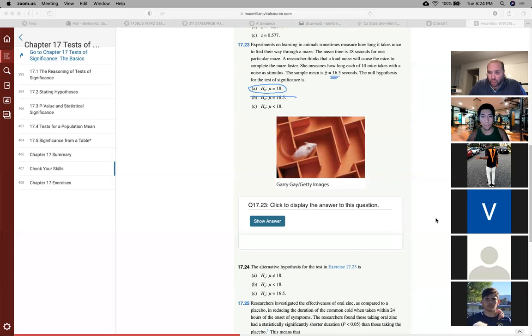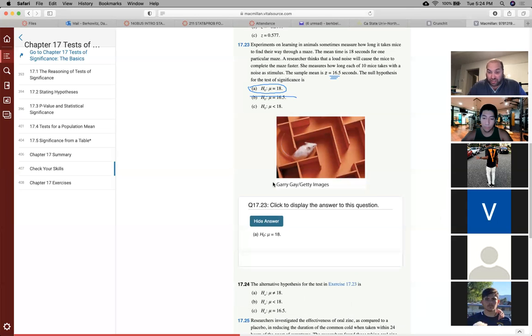No, the null hypothesis is not what you're hoping or checking if things are different. It's what will be the case if it wasn't different. You are trying to determine whether or not the mean has changed or has dropped or has gone up from the assumed value of 18. So the answer to 23 is A.